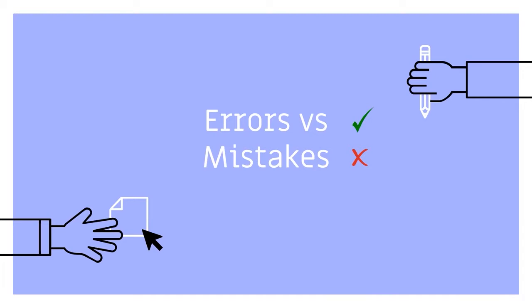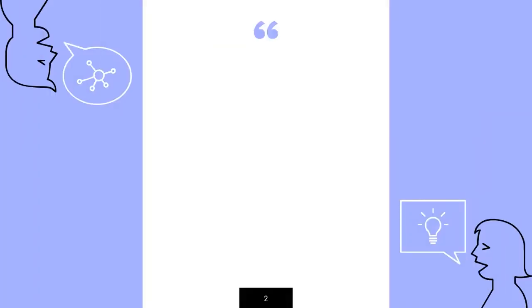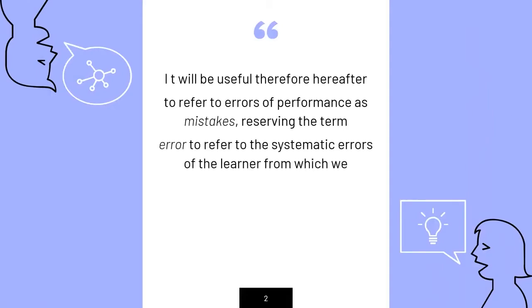There are other linguists like Pickford and Carl James who agree that the words errors and mistakes are indeed different, which is important because different errors or different mistakes require different error correction techniques or strategies. So, according to Pickford, the pioneer behind error analysis back in the 1960s, mistakes are errors of performance.